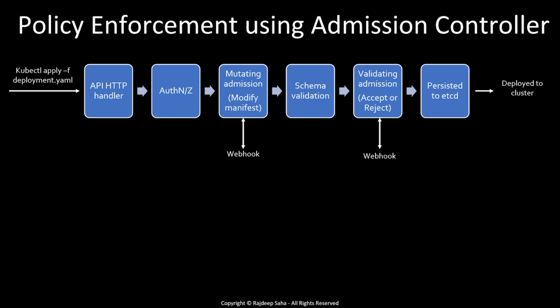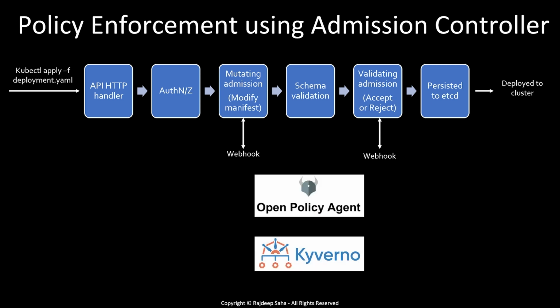I think you got the idea. Here also you can call a webhook, and you can use Open Policy Agent such as Gatekeeper or Kyverno, where you can define policies to check. So you can implement policies which check which registry the container image is coming from, or whether the deployment file has request and limit defined.